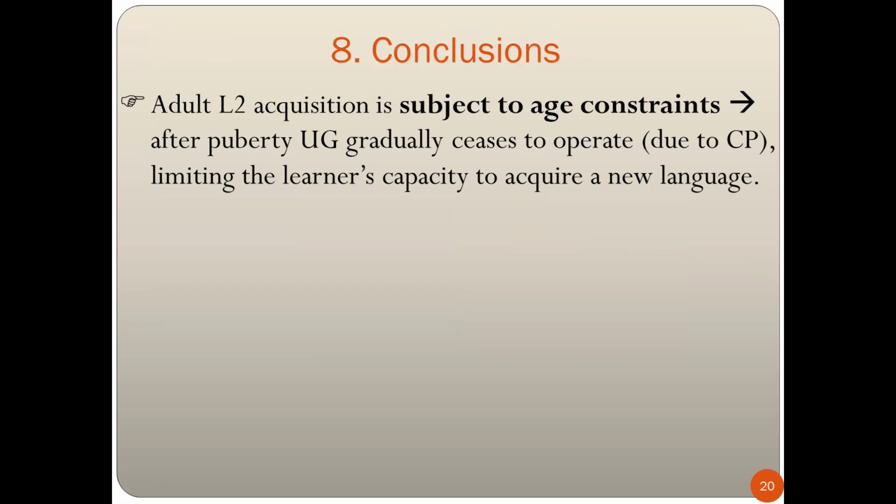We can state with a high degree of confidence, as far as I'm concerned, that like first language acquisition, second language acquisition is subject to an age constraint, and that the critical period during which language acquisition is successful is between birth and approximately the onset of puberty, and then the critical period closes off and our ability to acquire a new language successfully declines.